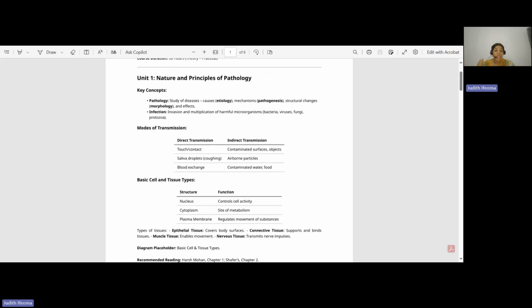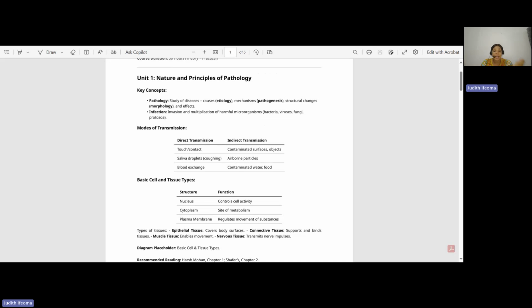Then what changes happen in the body, especially tissues, which is the morphology. And what those changes lead to, the effects on function, which is the clinical effects. So we look at the cause of the disease, how it develops, what it does to the body, and the effect of these diseases on the functions of our body when we have them.